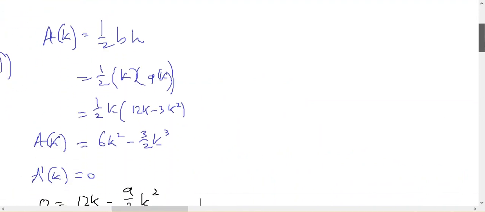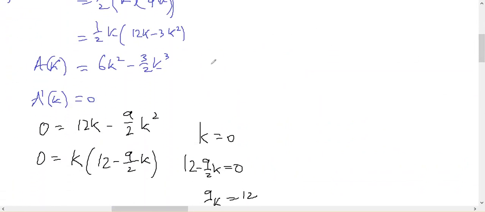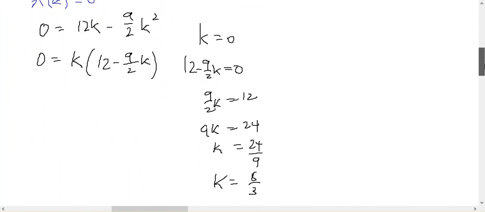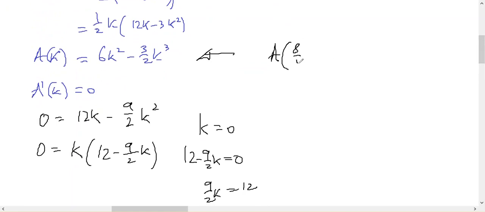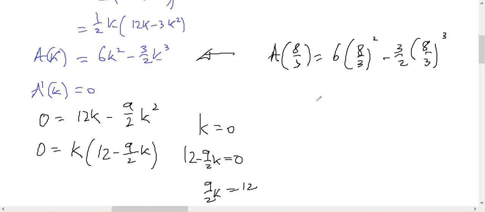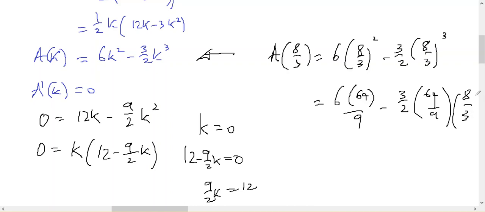So if area equals this, therefore A of 8/3 will equal 6 times 8/3 squared minus 3 on 2 times 8/3 cubed, which would be 6 times 64 on 9 minus 3 on 2 times 64 on 9 times another 8/3.